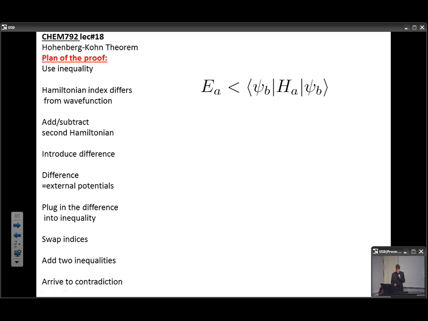So we do have several basic steps to arrive to the final contradiction. So first, we are assuming that first total energy that we have chosen is the true ground state energy.